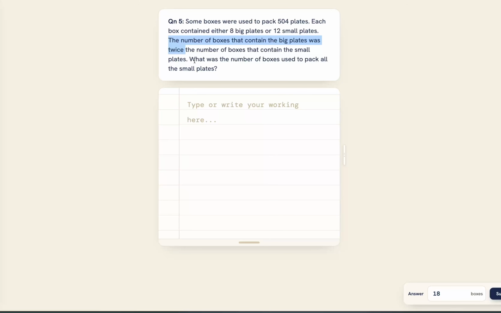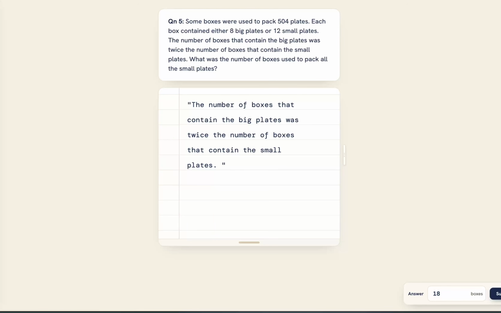From the question, the number of boxes that contain the big plates is twice the number of boxes that contain the small plates. So let's use grouping. One group is twice the number of big boxes, so 2 times big, plus 1 times small.